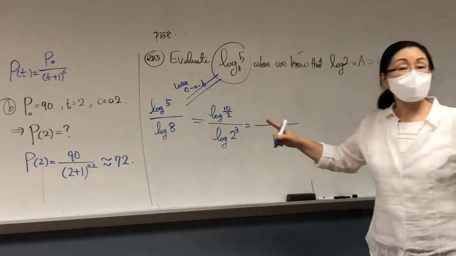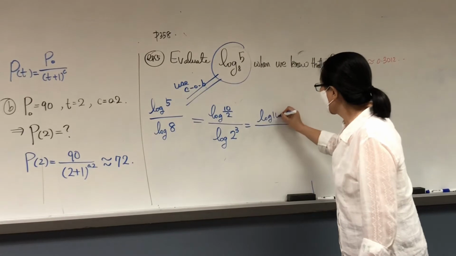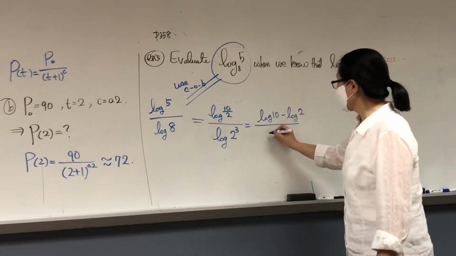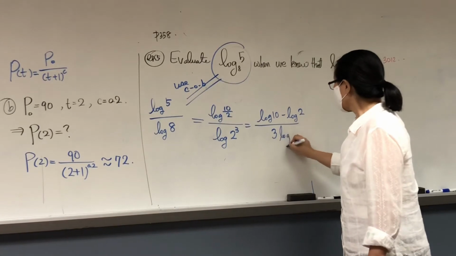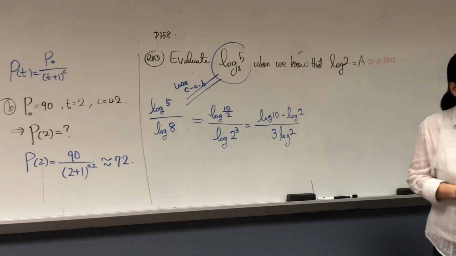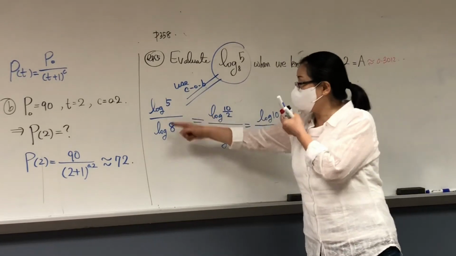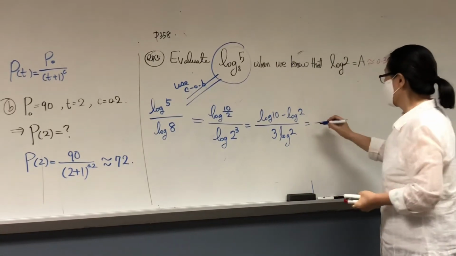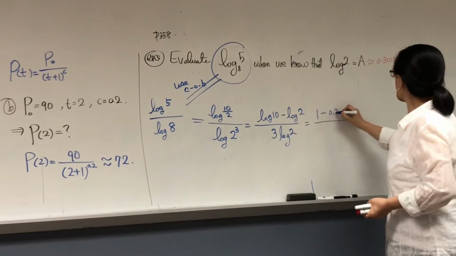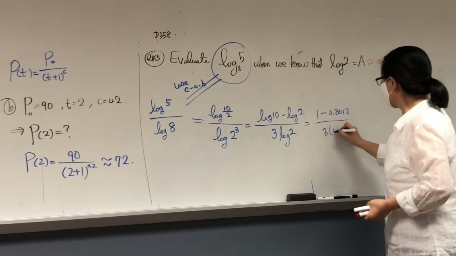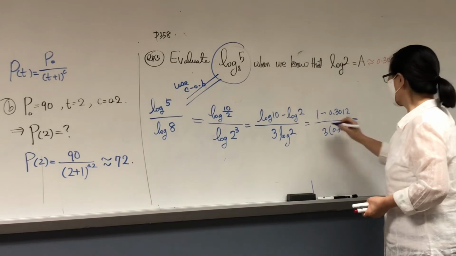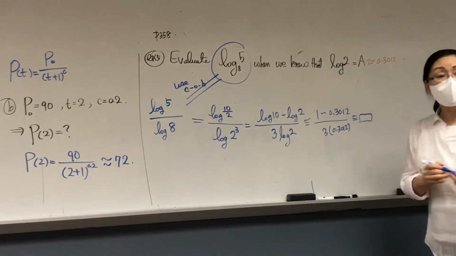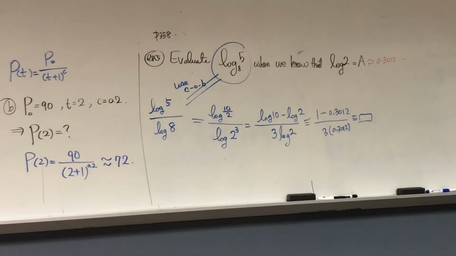From the previous law, it is log 10 minus log 2 over 3 log 2. So I change to base 10. Yes, this is key. Then substitute: it is 1 minus 0.3012 over 3 times 0.3012, which is approximately something. This is the way to use the change of base. It's useful if you know it.